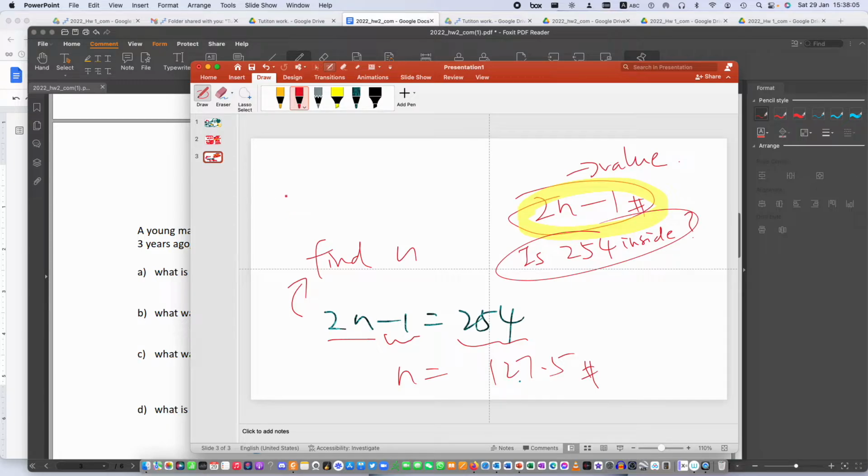Because for the n, since this is 2, 4, 6, this is your n and this is your value. Your n has to be a whole number. Can you see? 1, 2, 3. So now your n is 127.5, so that means it's not inside. This value is not inside. Are you clear?